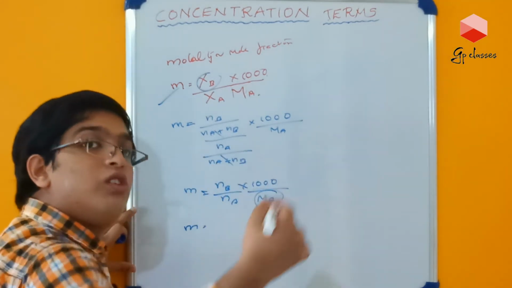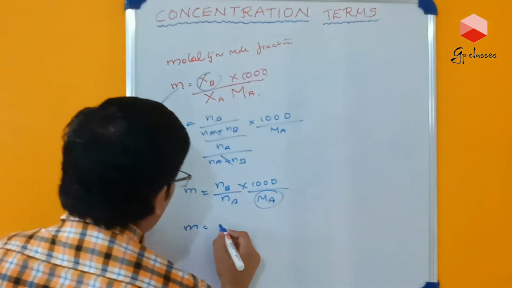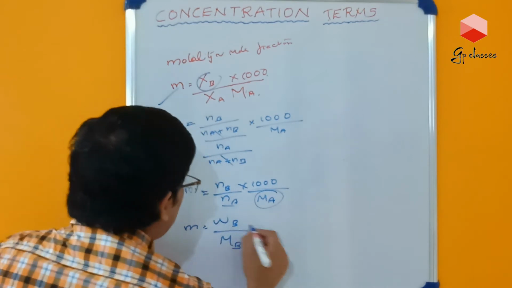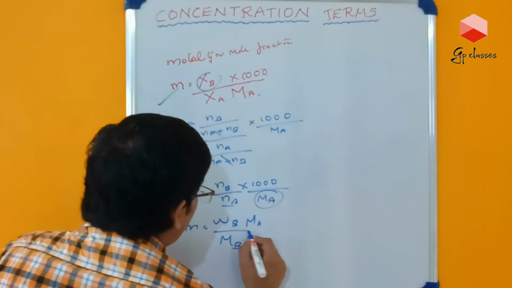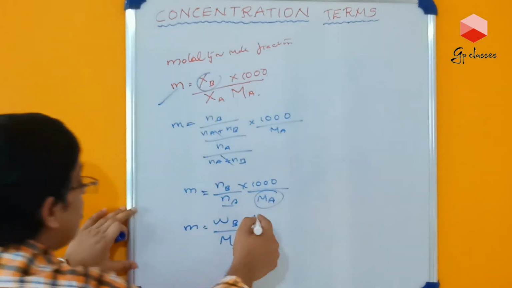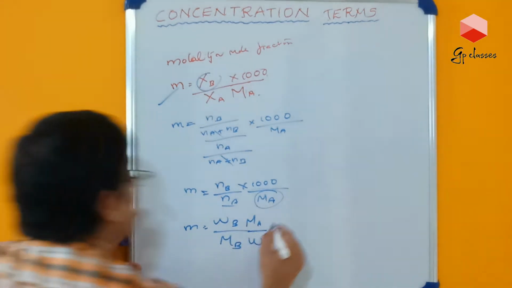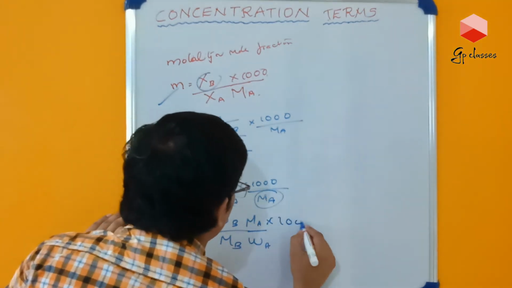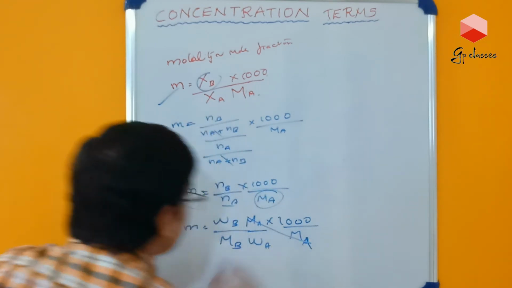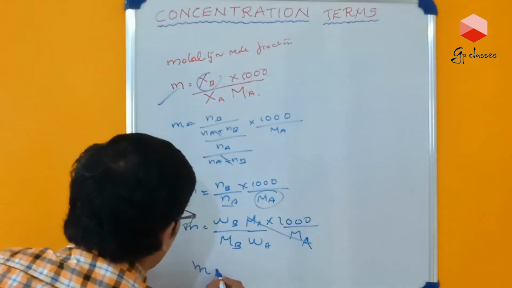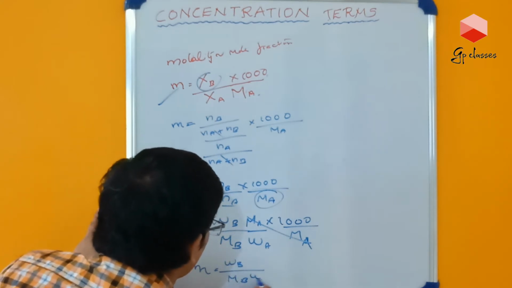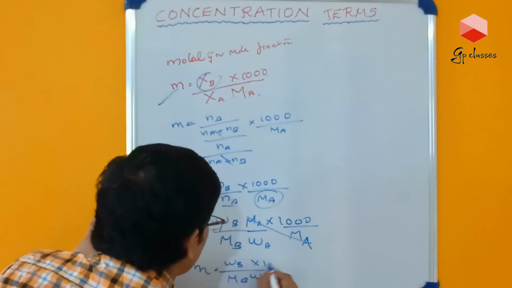Nb is the number of moles of B. So I can write Nb as Wb by Mb and Na as Wa by Ma. It will be coming in reverse fashion, so it will be Ma by Wa into 1000 divided by Ma. I will cancel Ma and Ma. So I will get molality is Wb divided by Mb into Wa into 1000.